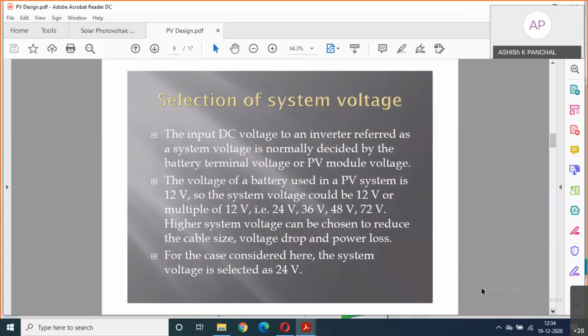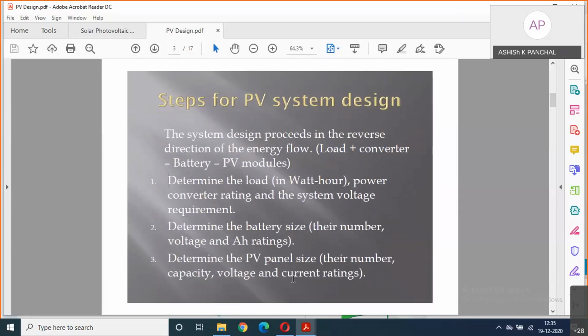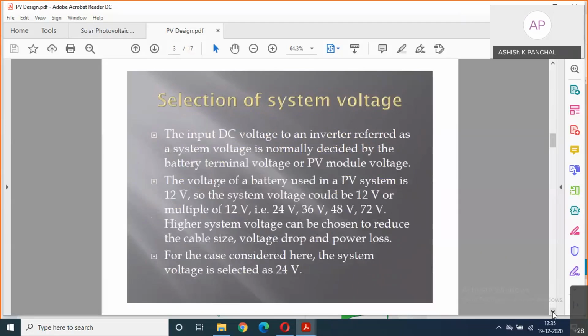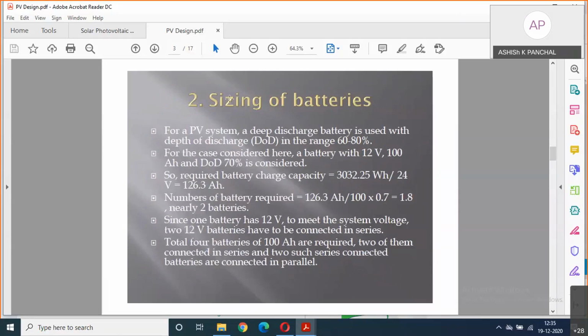Now, I use the system voltage of 24 volt input, and based on that, I have also calculated the load. So now after the selection of the inverter, check the battery.